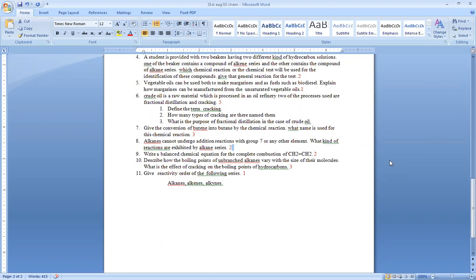So it is no doubt more reactive than alkanes, but less reactive than alkenes, because alkenes have only one pi bond, exposed to the environment and very much ready for the reaction. But alkynes have two pi bonds, and that doubling of the pi bond is not as reactive as in the case of alkenes. So the most reactive are alkenes, the least reactive are alkanes, and in the middle of the line are alkynes.